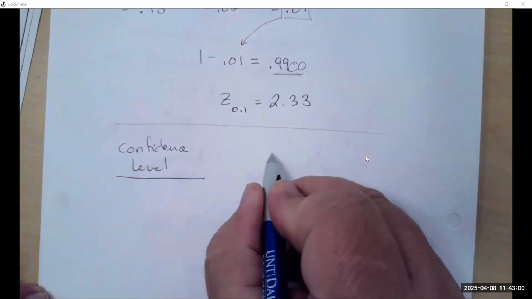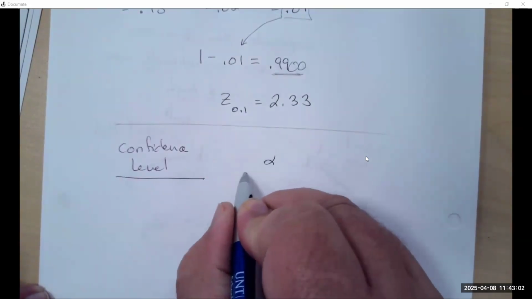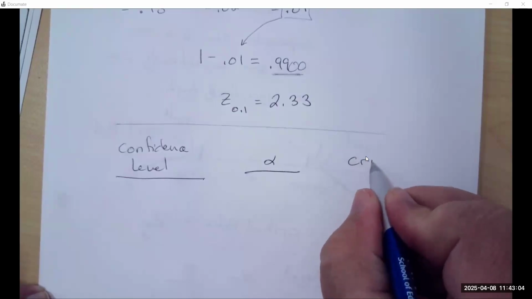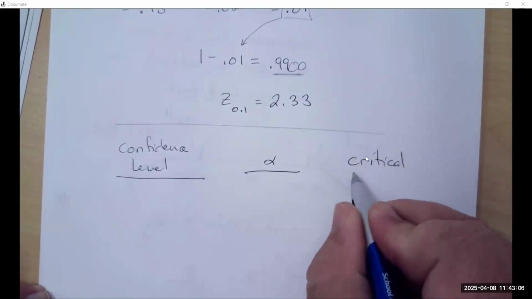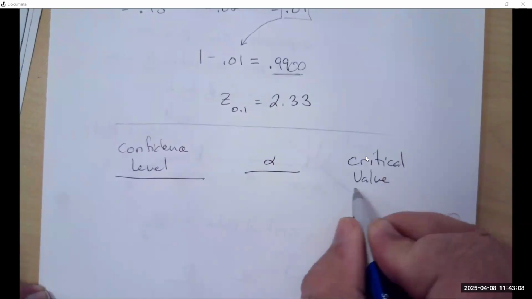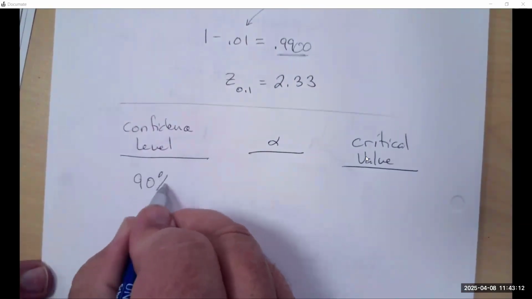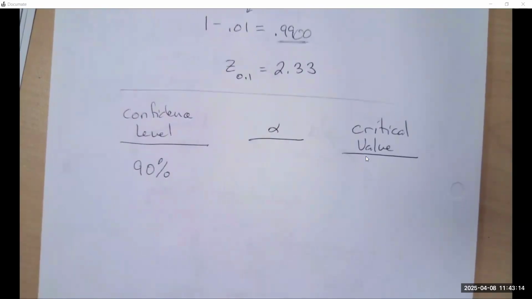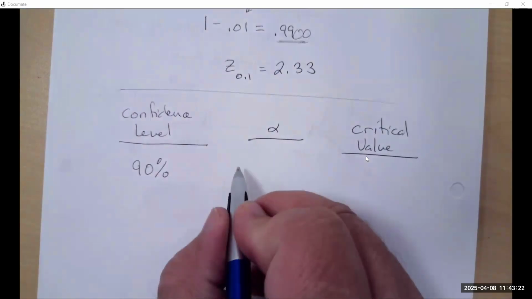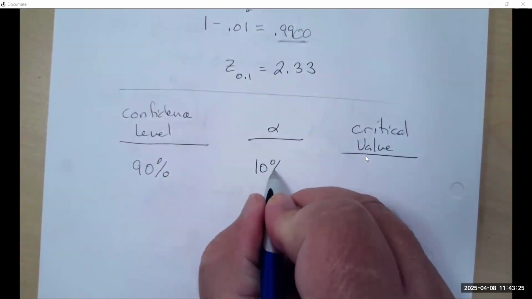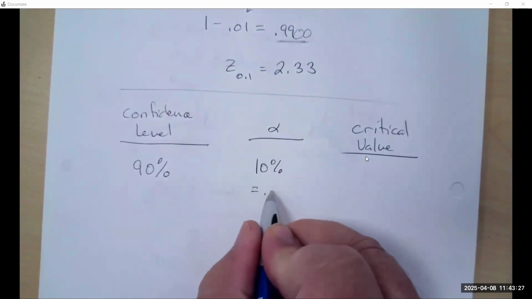Here's my confidence level, my alpha, and my critical value. So if I gave you a 90% confidence level, what would my alpha be? It'd be 10%, which is 0.10.